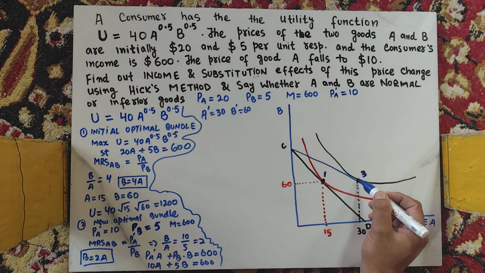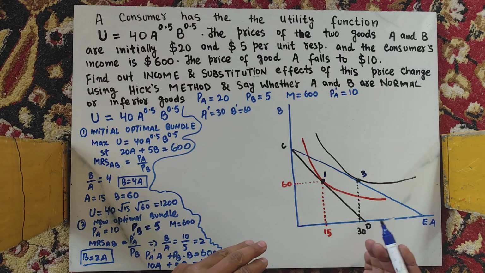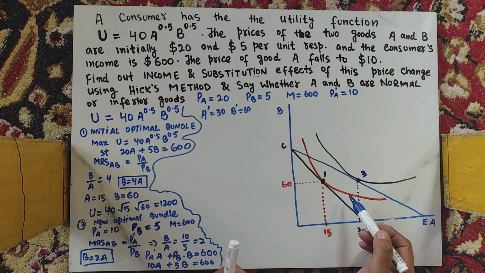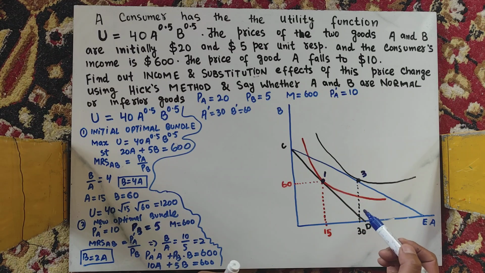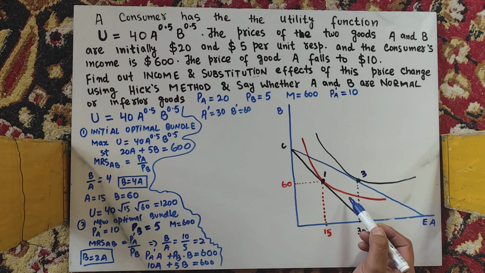Since the consumer is at this point, we need to take away income from the consumer so that he is able to get the initial level of utility. Obviously here the utility will be greater than this.